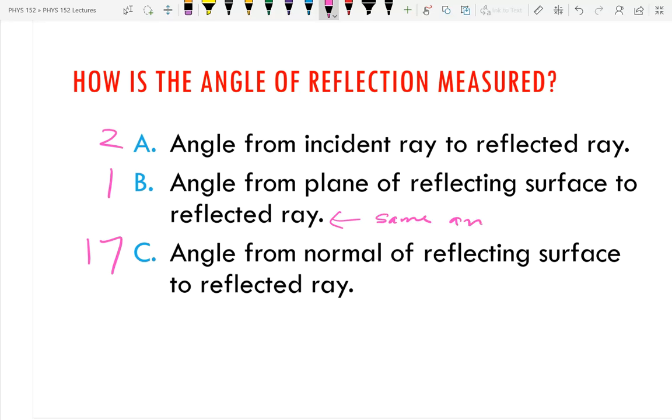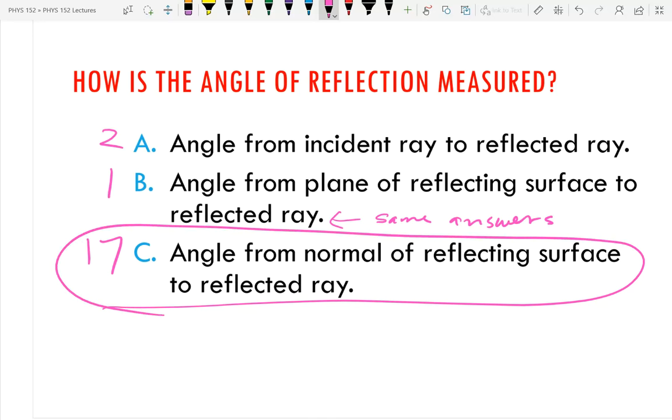But when you go to talking about refraction, you wouldn't get the same answers, and that's why that's not the correct way. So it's very important to do it this way. This first one is called the deviation, going from the incident ray to the reflected ray, and it is not the angle of incidence or the angle of reflection.